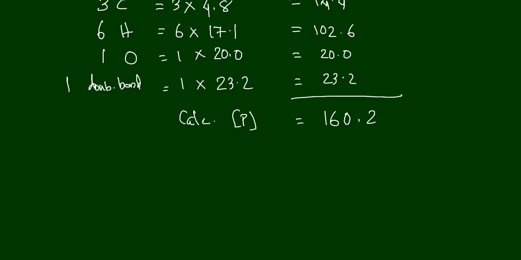And do you know what is the observed value, meaning the experimental value? The observed value of the Parachor in this case is 161.1. Look at the agreement. The calculated value is 160.2 and the experimental value is 161.1. They are very close to each other, and therefore there is a very good agreement between the calculated value and the observed value.